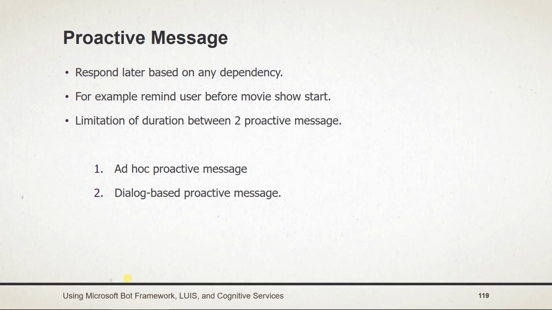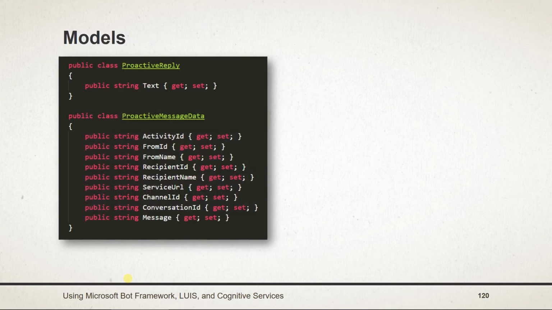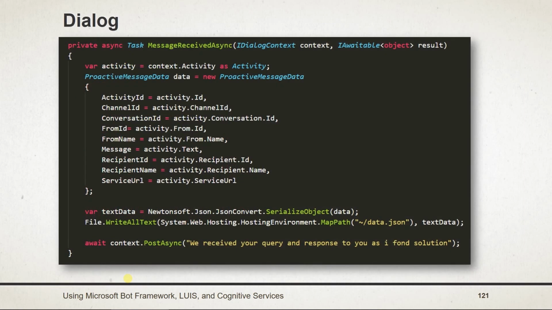Let us see what we have learned in this session. We saw what proactive messages are and how they will be useful in your bot if it performs an operation based on time. Here are the model classes that I have created for storing the required activity data. Here is a dialog in which we just obtain information from the activity, serialize it and store it to a file to perform operations later, and display a simple message that we got the query.